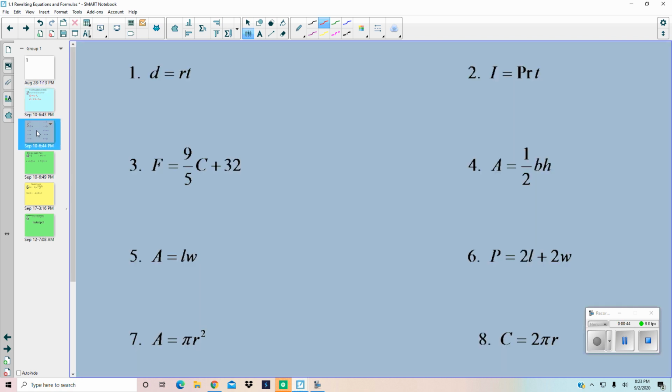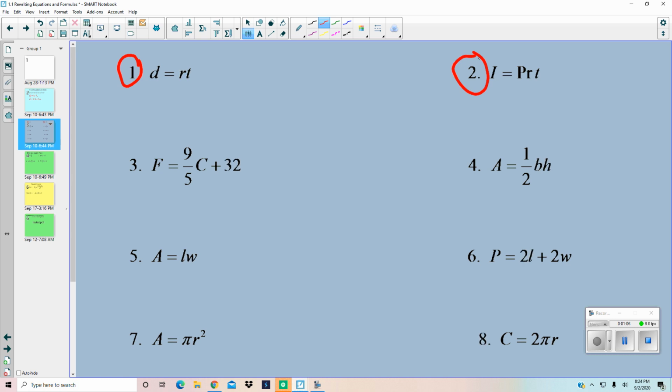Here on the next slide, I have a bunch of different formulas. Some might look familiar to you and some may not. This first one is distance equals rate times time. So the distance an object has gone equals the rate at which it's going times the time it took to get there. The second one has to do with interest.